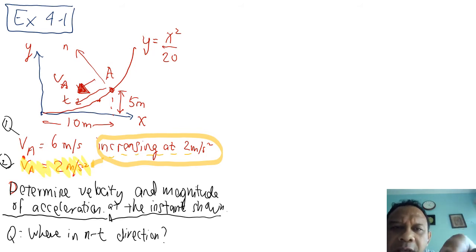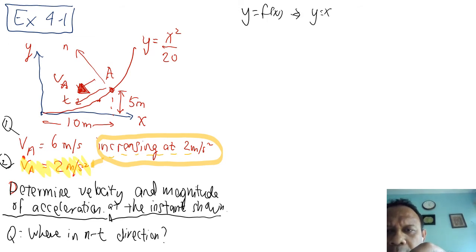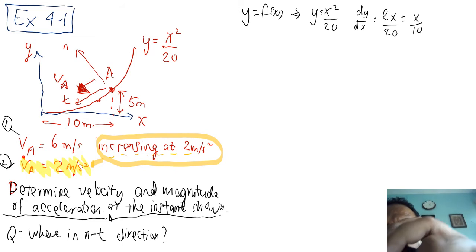But we have a case where y is given as a function of x. So we know that y equals x squared over 20. So dy over dx equals 2x over 20, so it equals x over 10.